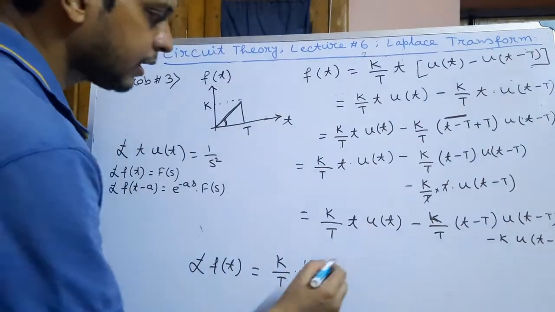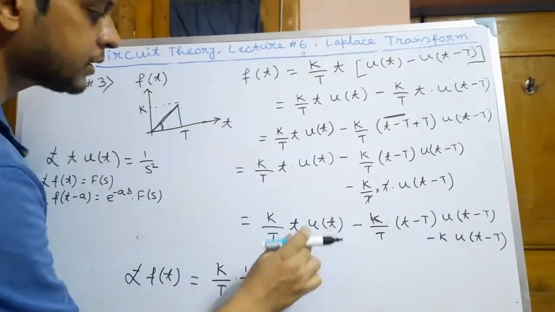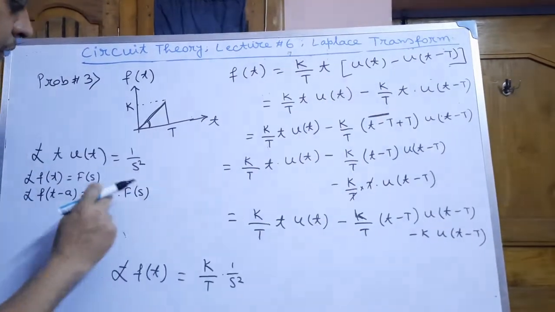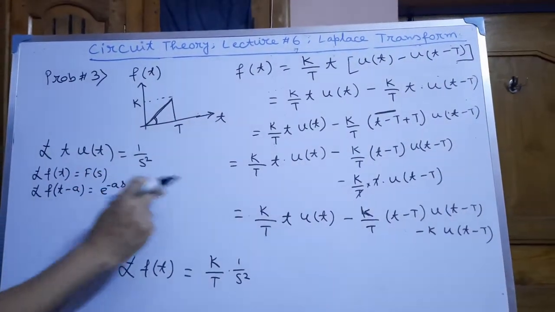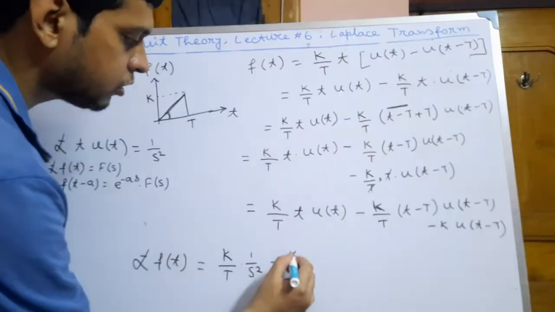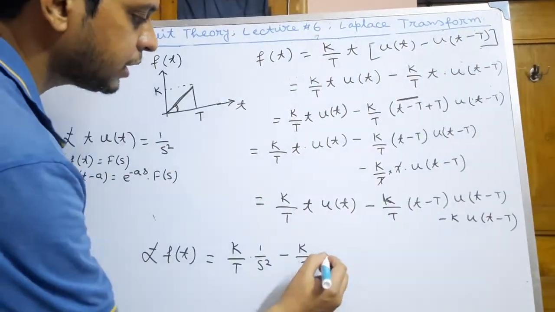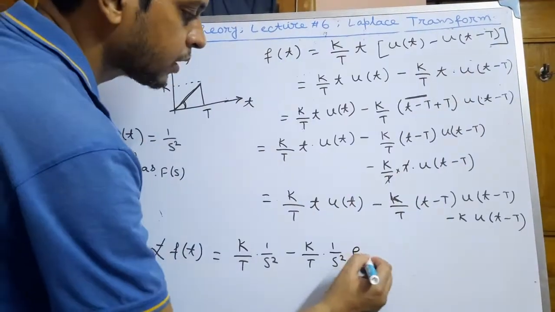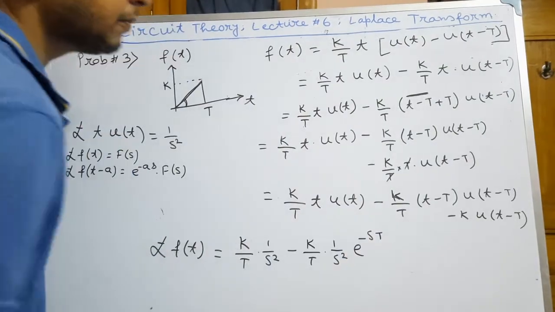Hence, the Laplace transform of this function is the Laplace transform of this function into e to the power minus sT. Here the amount of delay is T. So this is equal to k by T into 1 by s square e to the power minus sT.